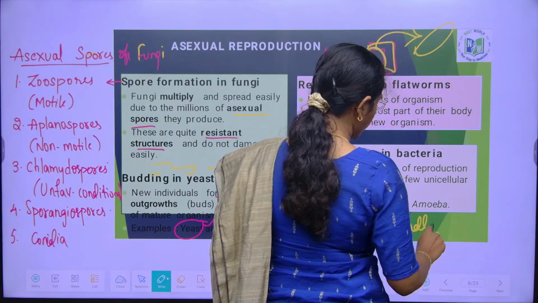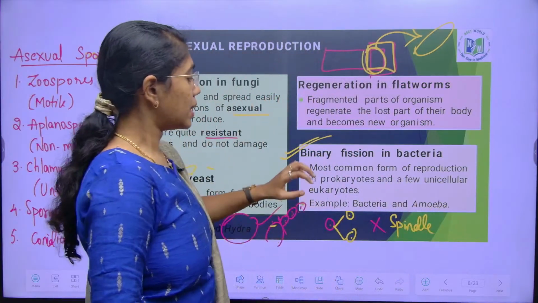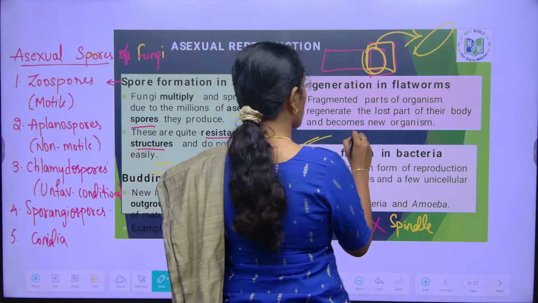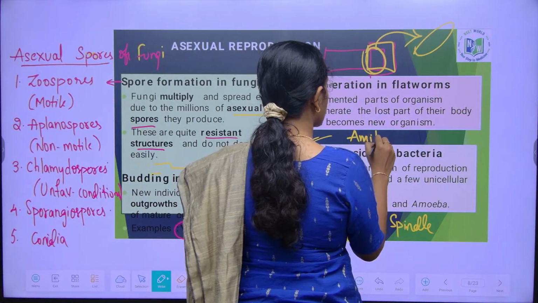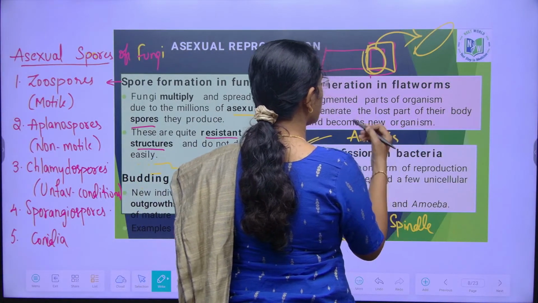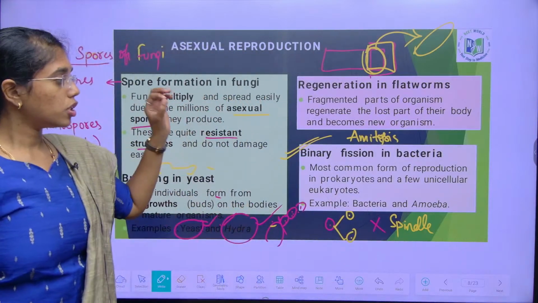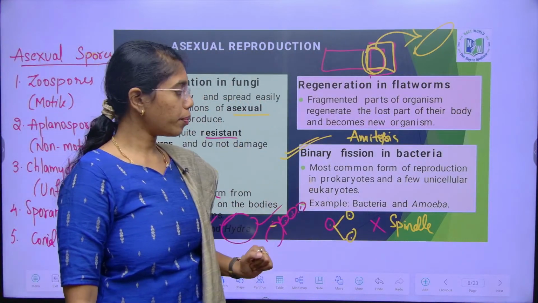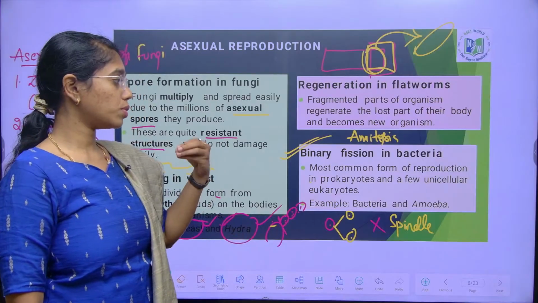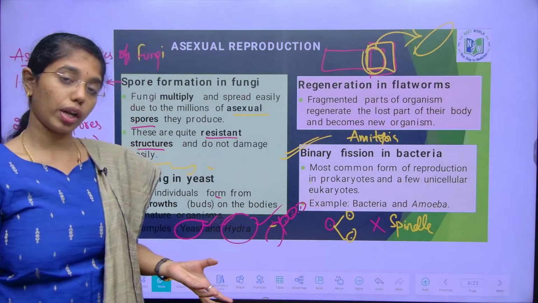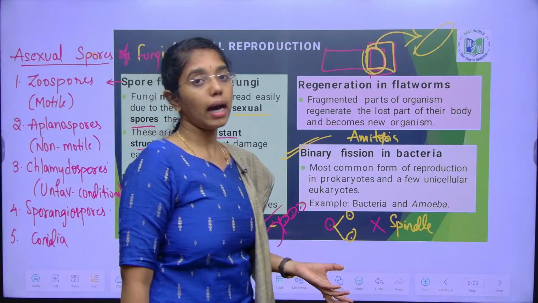There is no involvement of any spindle apparatus. That is the reason binary fission is also addressed as amitosis. This is the most common form of reproduction in prokaryotes, and it is also observed in a few unicellular eukaryotes, for example bacteria and amoeba.